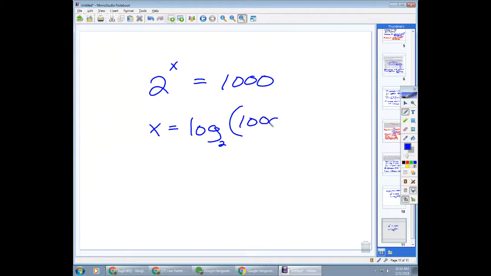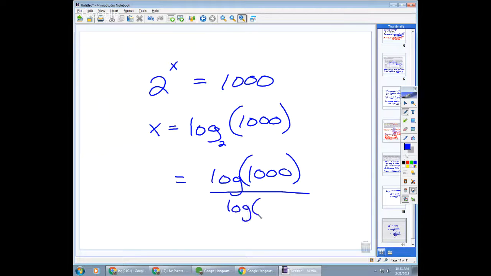Now the calculator does not have a log base 2 button, so I have to trick it. Does anybody remember the trick on how to use log base 10 to make this happen? Divide by log of the base. Yeah, so I'd have to divide by log of 2. So see if you can make your calculator tell us what the power should be here based on that version of using logs.